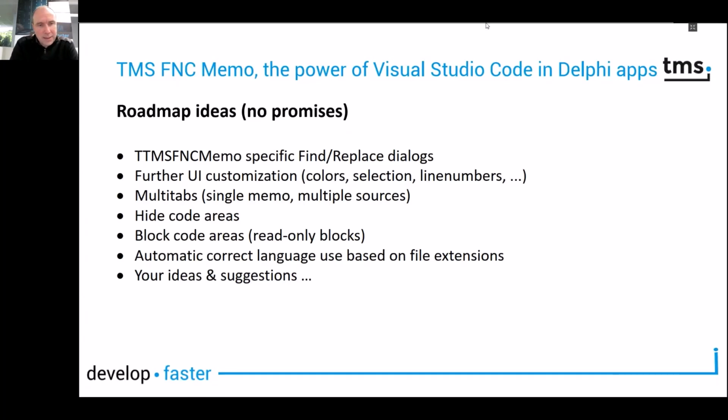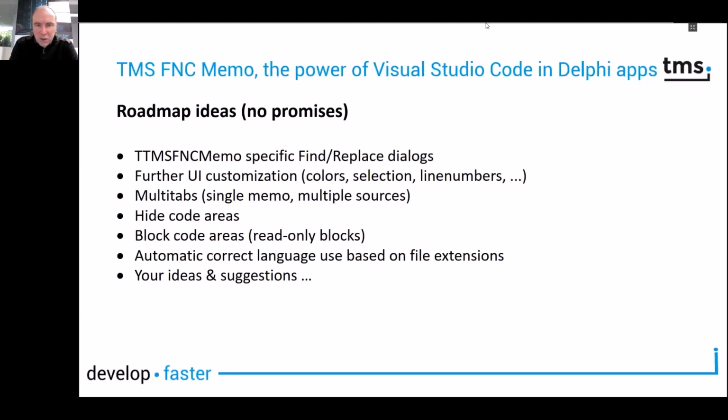Hiding code areas and making code areas read-only is also on the roadmap. Automatically picking the right language based on the file extension of the files that you load in the memo is also on the roadmap.